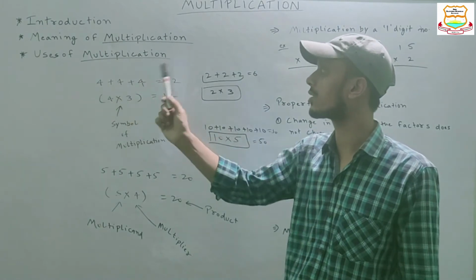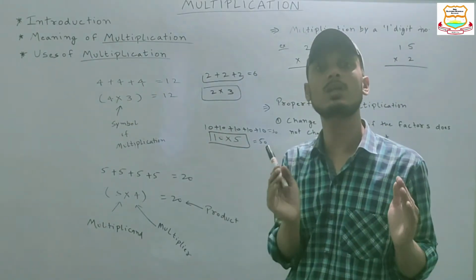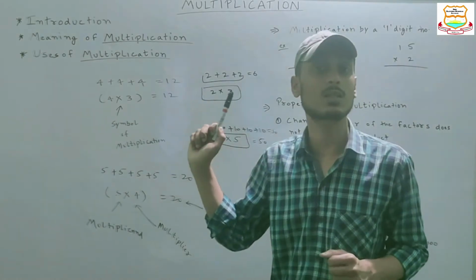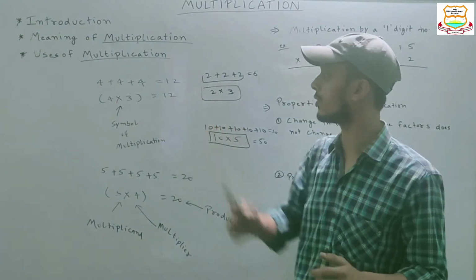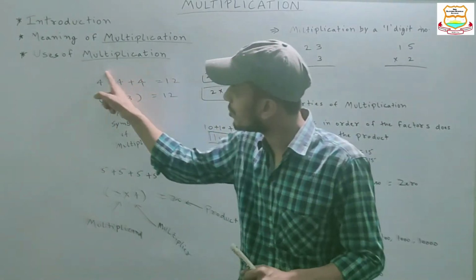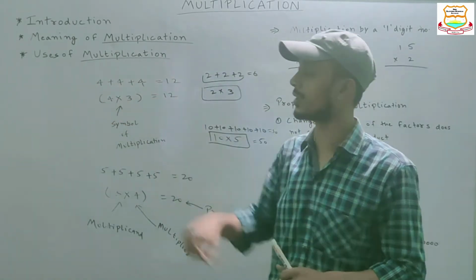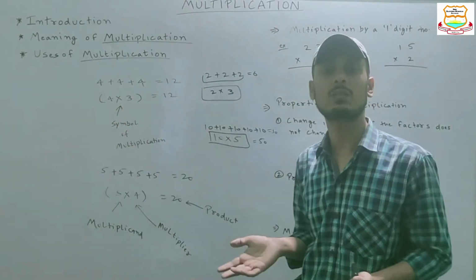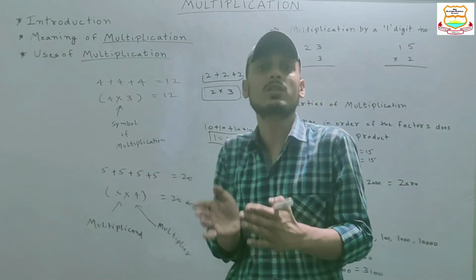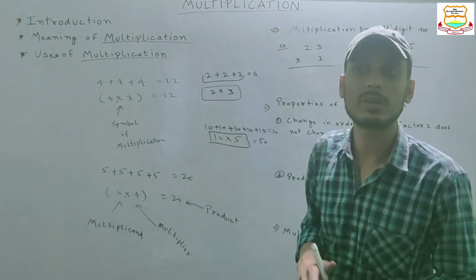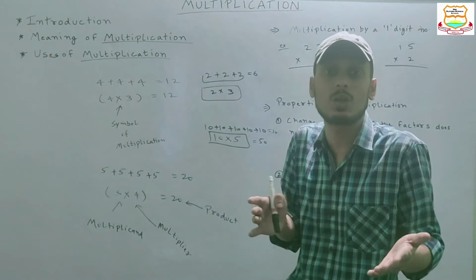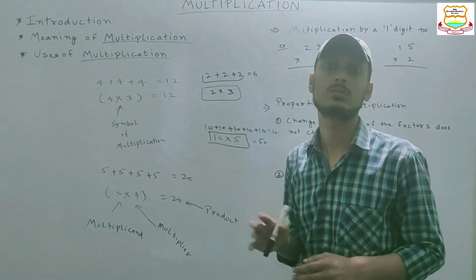Suppose 4 is added 3 times. 4 plus 4 plus 4. What will be the answer? The answer will be 12. So the same process can be represented as 4 into 3. This is multiplication. It is a different representation, another technique of addition. Got it?